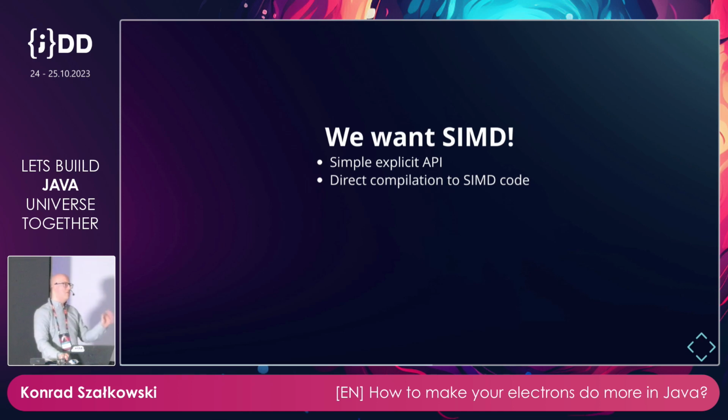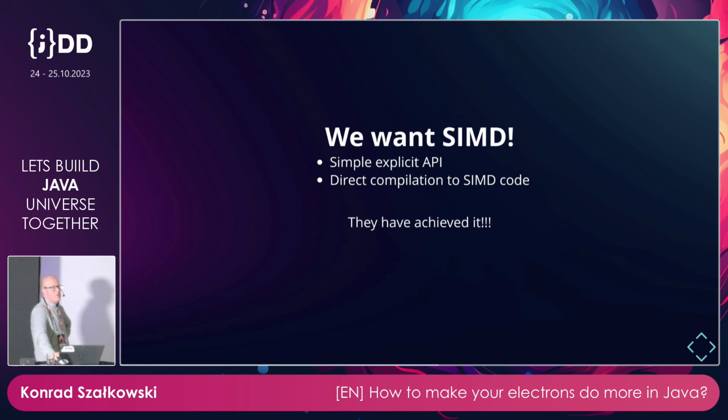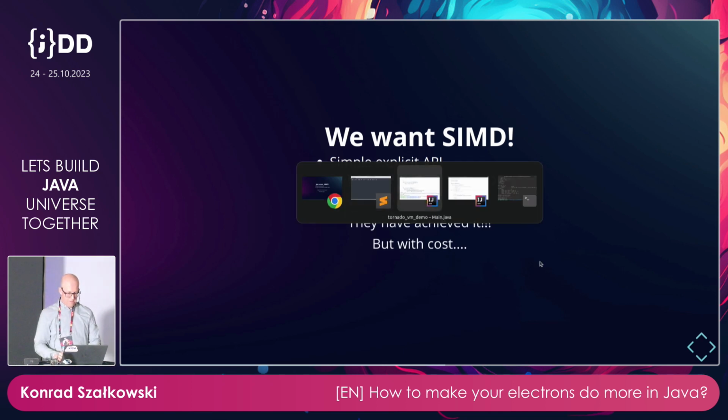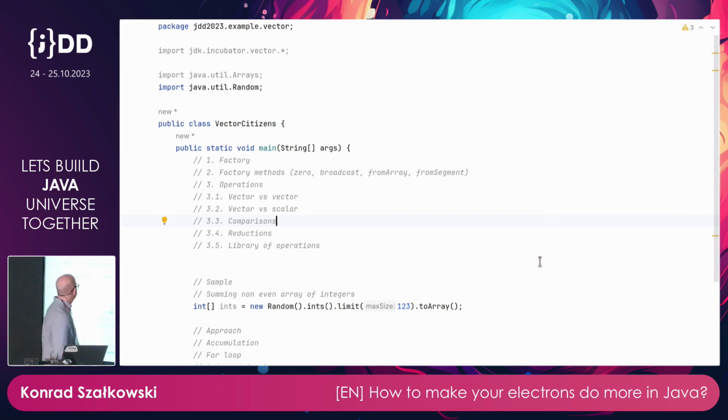So we want a direct compilation to SIMD code to know exactly which SIMD instruction will be executed by which given construct of the API. And I must say, they delivered. They have achieved it. However, there's a cost. And let me show you this cost quickly in a demo.